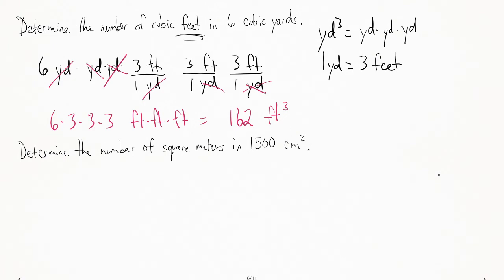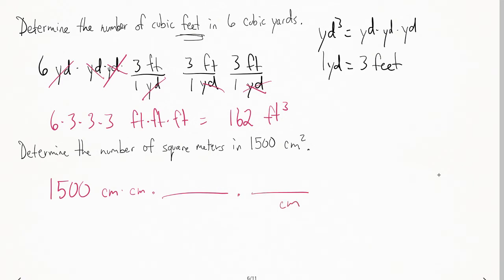Now, working in another problem, how do we determine the number of square meters in 1,500 square centimeters? So notice we have 1,500 centimeters times centimeters, right? So what that tells us is if we have that up top, we multiply, we're going to have a fraction, and we're going to want centimeters down below because that'll cancel off, right?